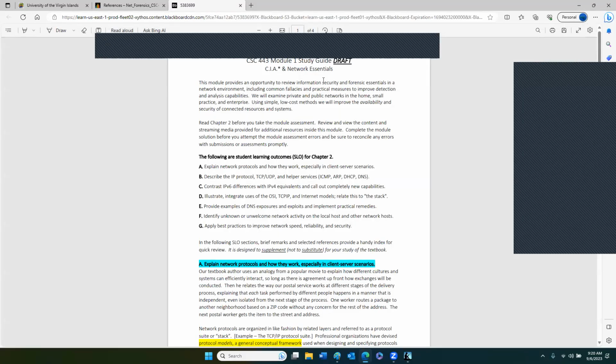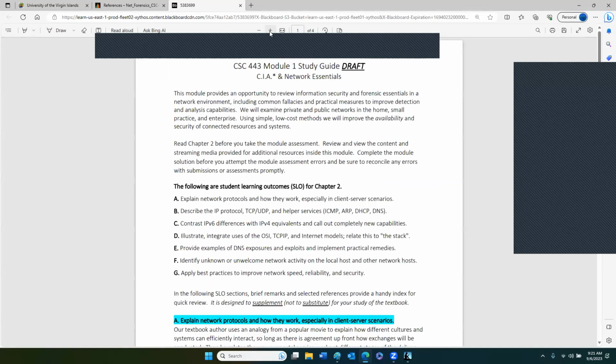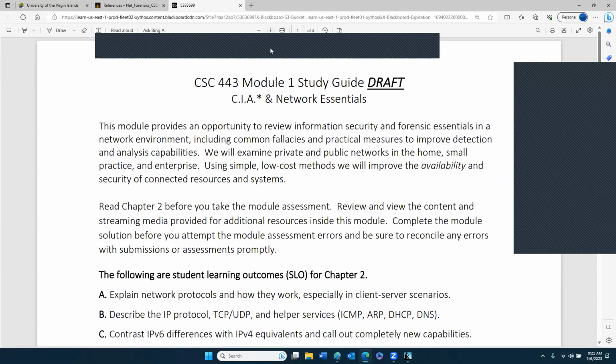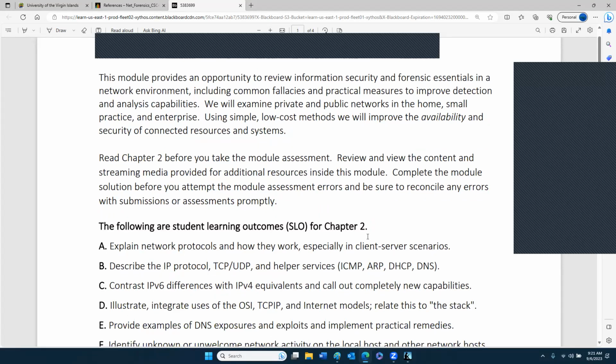There are some specific interests that I want to call out, and it has to do with the choice of the author with regard to explaining internet models, networking models. So it's chapter 2.